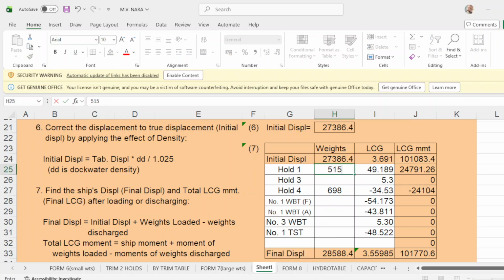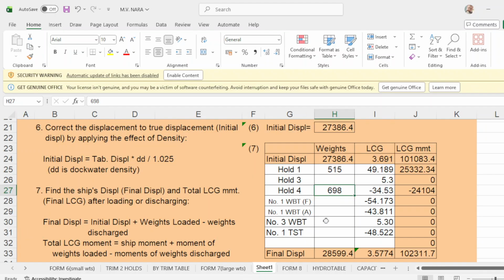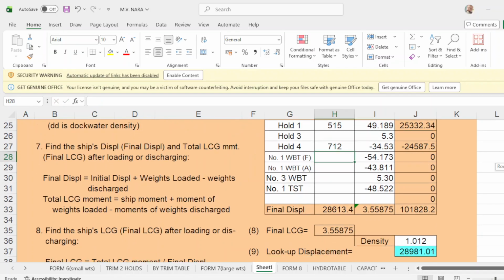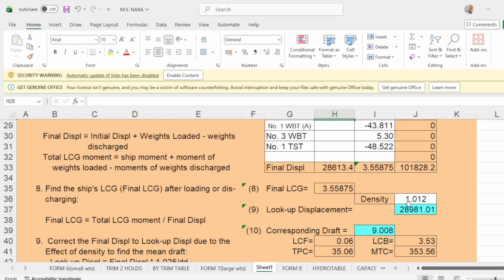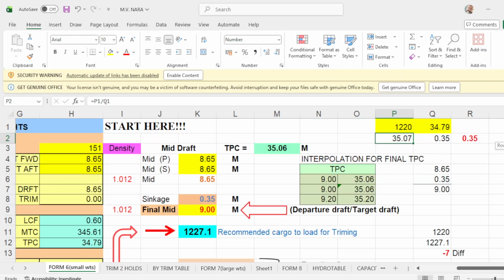Okay. And number 4, how much in number 4 is 712. So we put 712. Okay. And what will be our final? So on completion of loading, the density will be 1.012, which is the same here, guys. Okay.